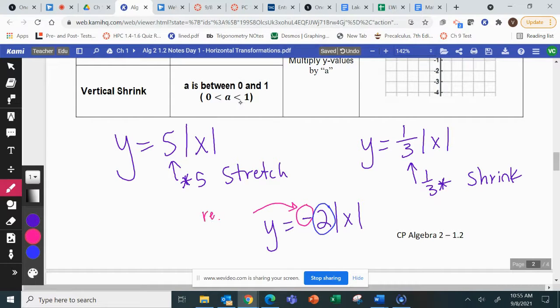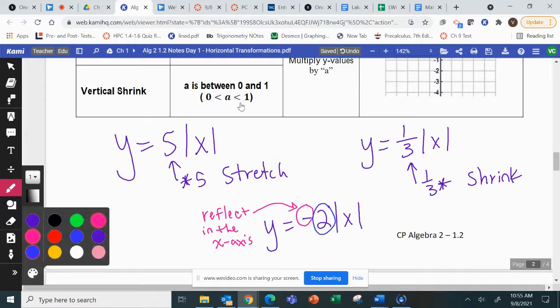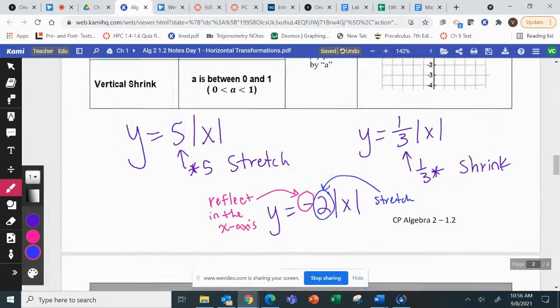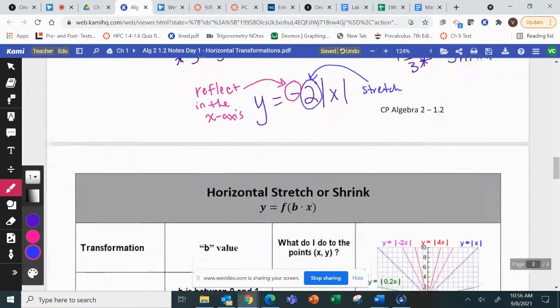That's a reflection in the x-axis. Very good. And then the 2, does that make a number bigger or smaller? So that's going to be a stretch. So when you have a negative sign, that does not affect a stretch or shrink. That's telling you to flip it.